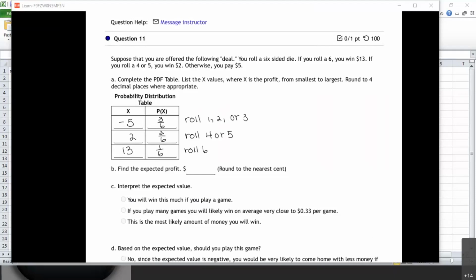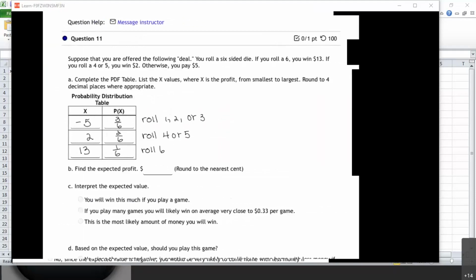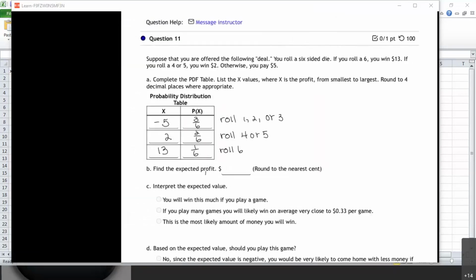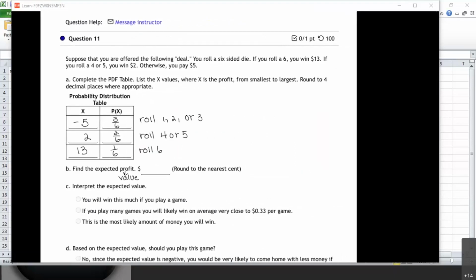Now they want us to find the expected profit. Well, that's the same as expected value. And remember how you do that: you just multiply the outcomes times the probability.